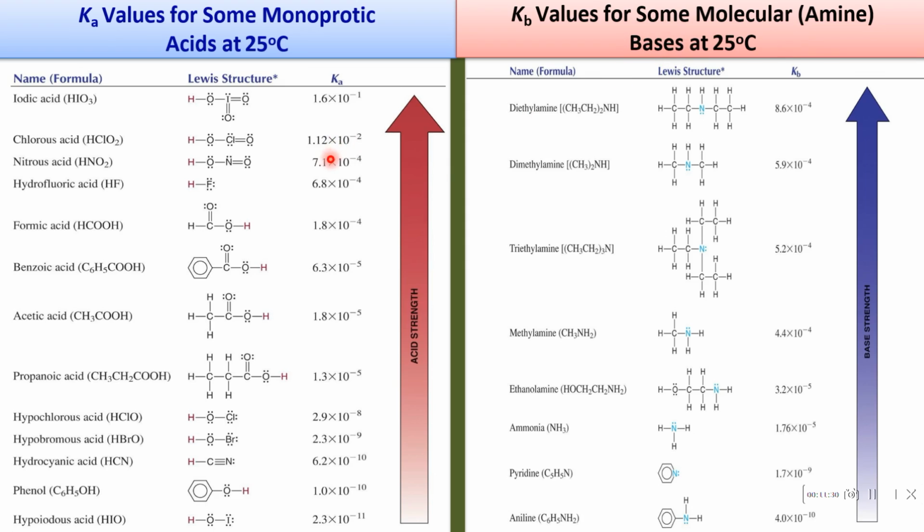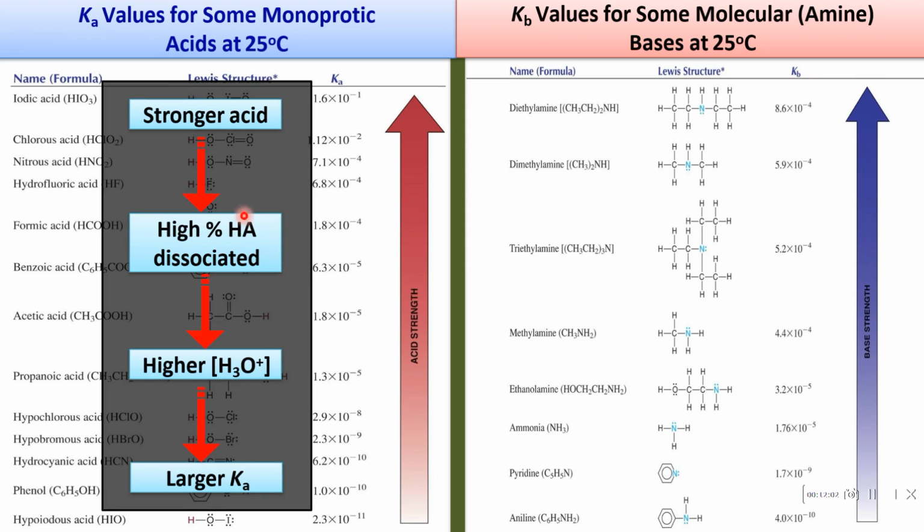You can see that the Ka values increase. An increasing Ka value indicates that the acid becomes a stronger weak acid. As for Kb, it also increases, which means the weak base is a stronger base.